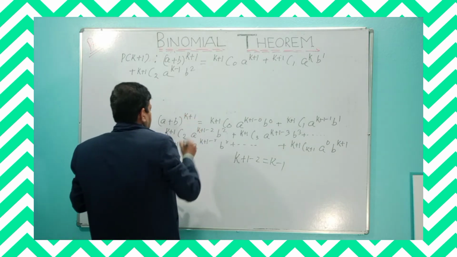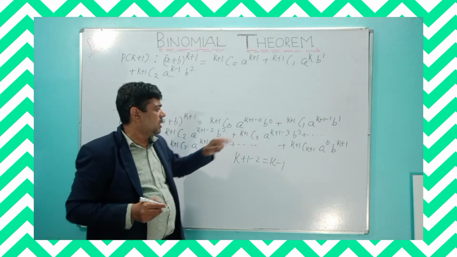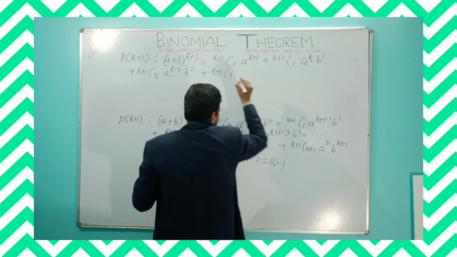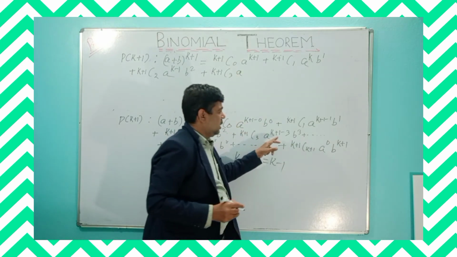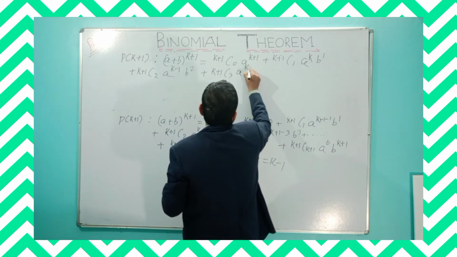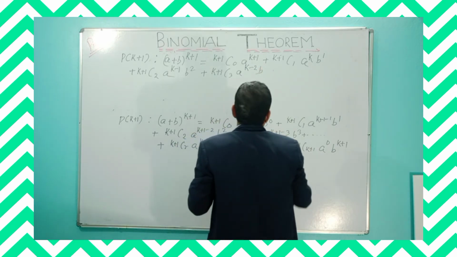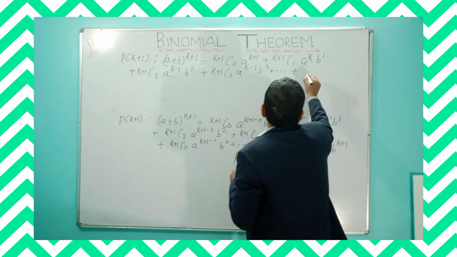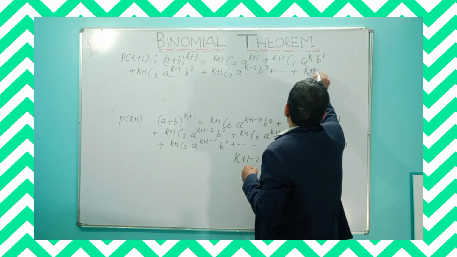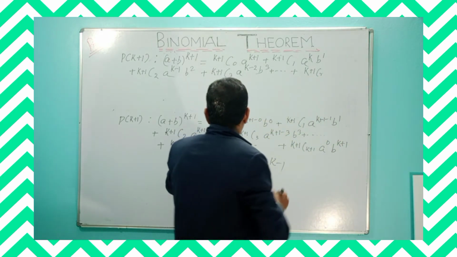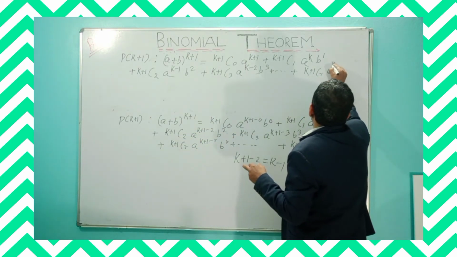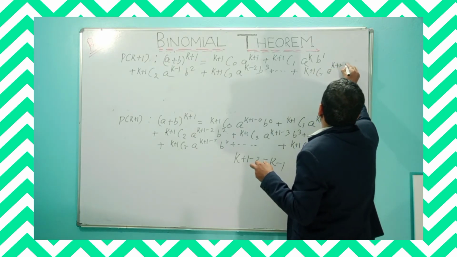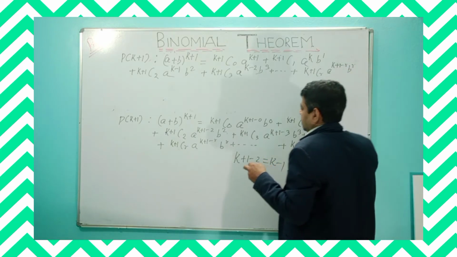Is it clear? Similarly, (k plus 1)C3, a to the power k plus 1 minus 3, which is k minus 2, into b to the power 3. The similar process we can write, (k plus 1)Cr, a to the power k plus 1 minus r, b to the power r.